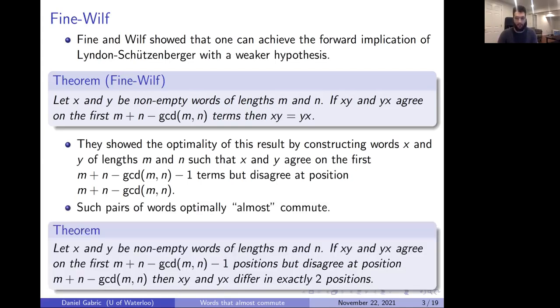And these pairs of words actually almost commute. If you have a pair of words that satisfy this condition, that xy and yx agree on the first m plus n minus gcd(m,n) minus 1 positions but disagree on the position right after, then xy and yx differ in exactly 2 positions.